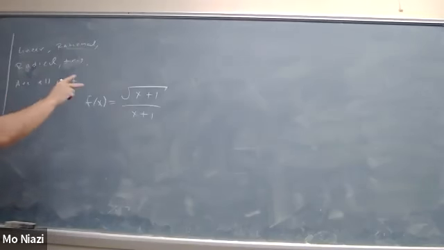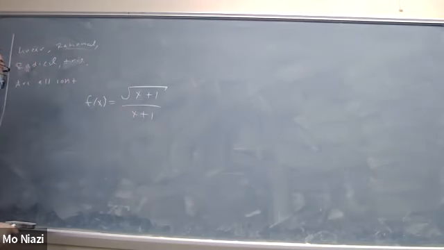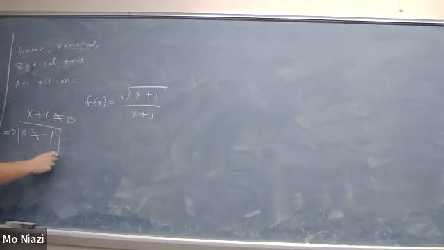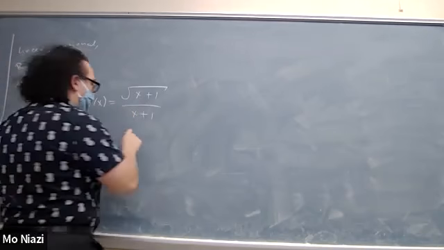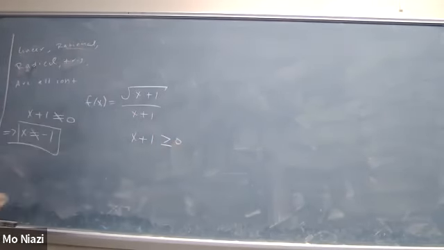Well, there's two things that can go wrong, right? Division by 0 and square root of a negative number. So to prevent division by 0, we say that the denominator cannot equal 0. This implies that x cannot equal negative 1. Then we say that what's inside that radical has to be greater than or equal to 0, so that it prevents it from ever being negative.